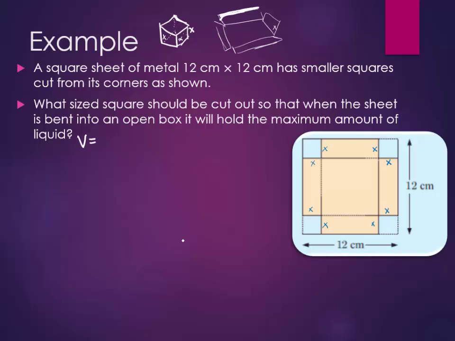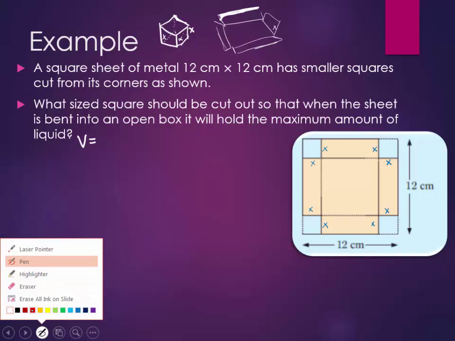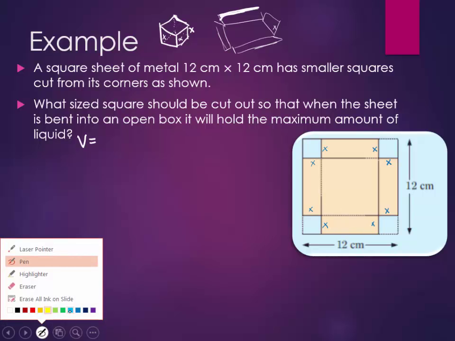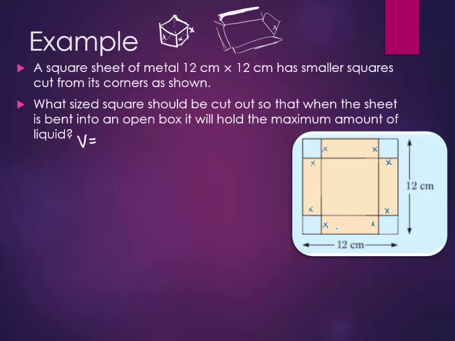He says that because we have the distance from here to there as a side length, but they're missing 2 x's. So the volume is going to equal 12 minus 2x.